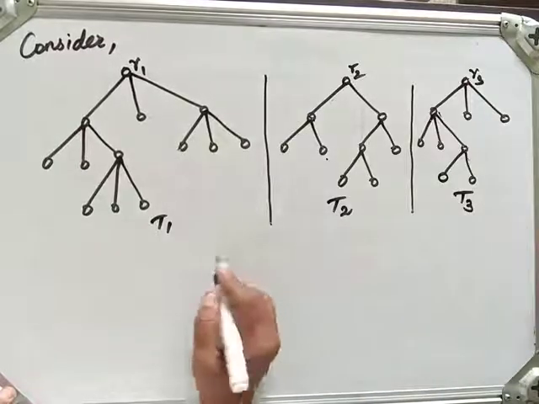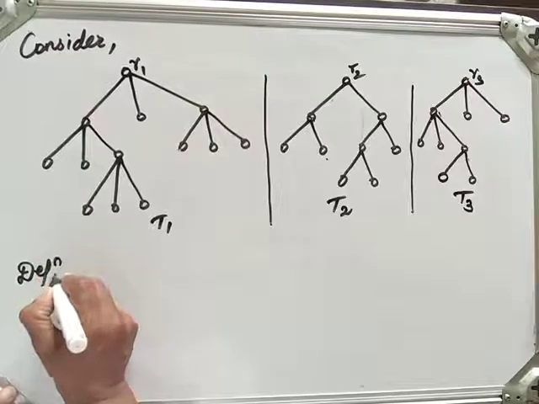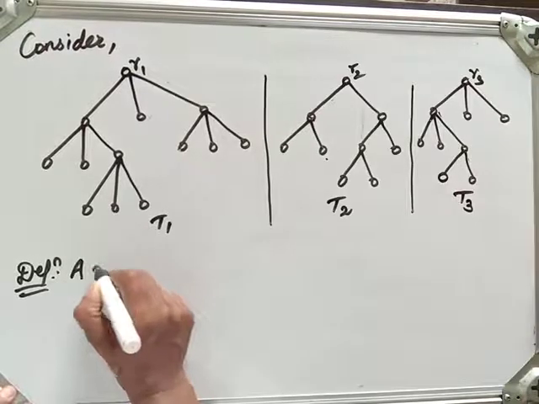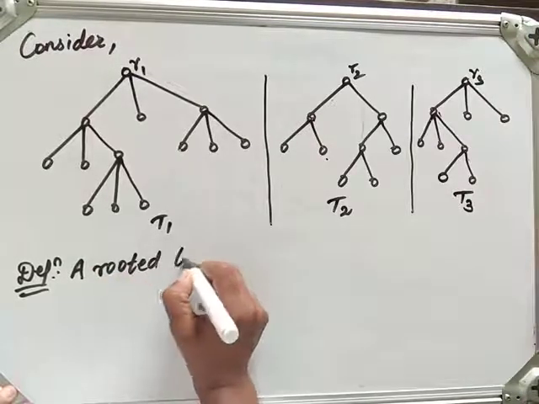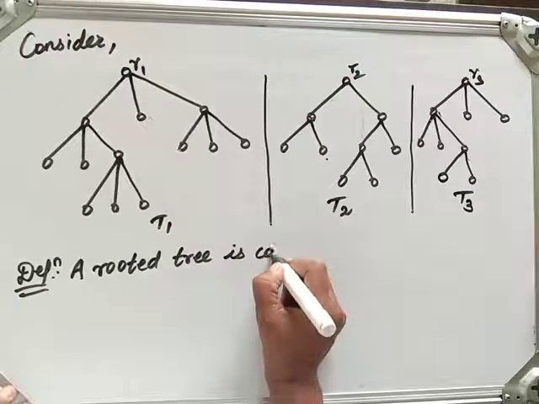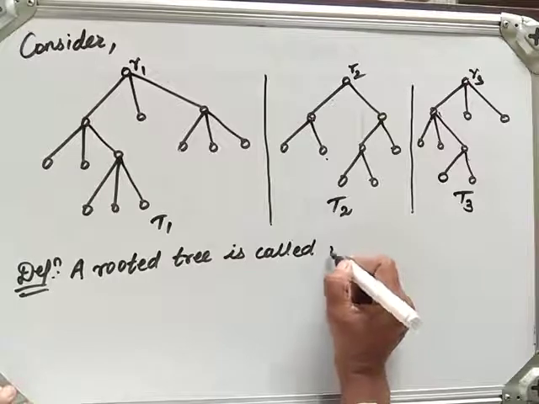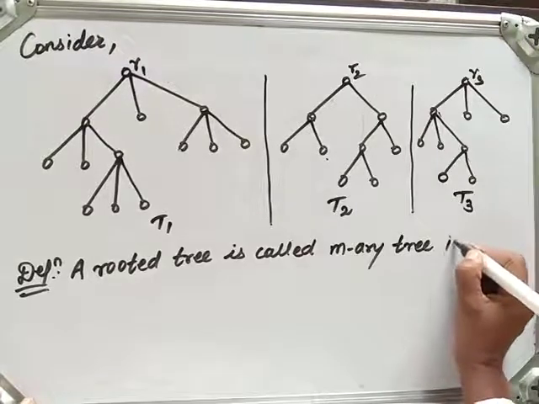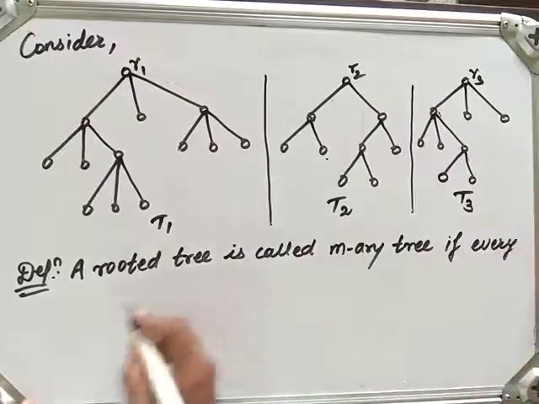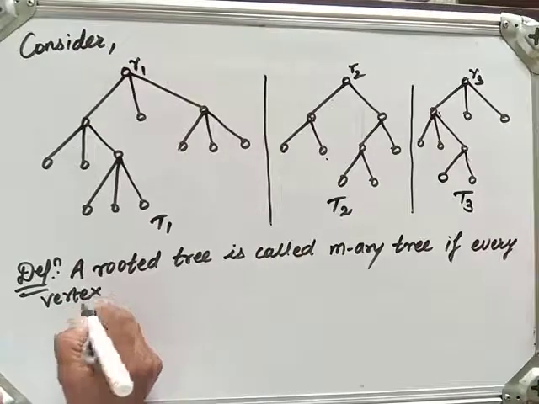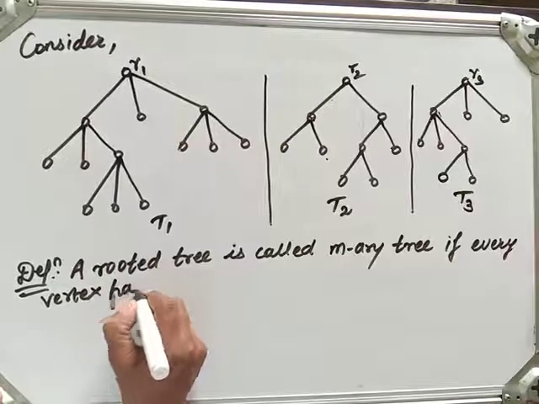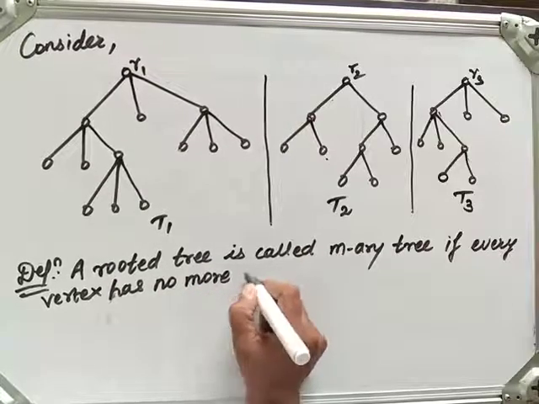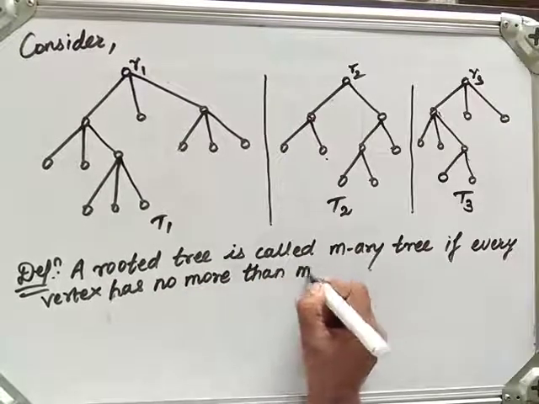So now what this definition says is when a rooted tree is called an m-ary tree: a rooted tree is called an m-ary tree if every vertex in it has no more than m children.